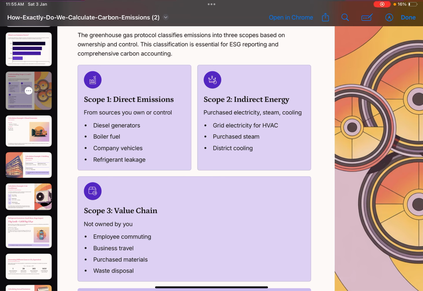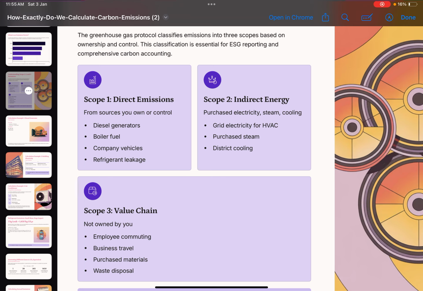In the scope 3 emissions, we take a very holistic approach wherein we not only talk about the emissions from the sources we control or the indirect energies, we are now interested in the entire value chain.